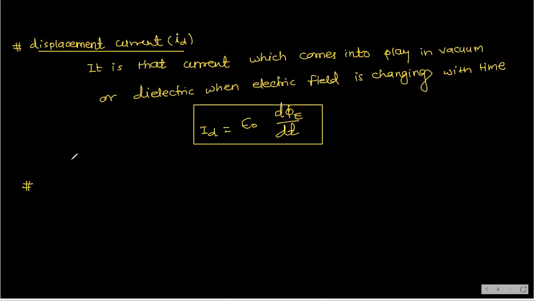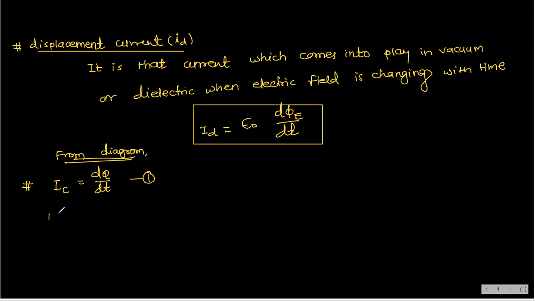Now see, first the conduction current Ic is equal to dq by dt, from the diagram. Which diagram? The one I just showed you now. If you want, you can draw it here. So Ic is equal to dq by dt. This is the conduction current. Let's call this equation number 1.